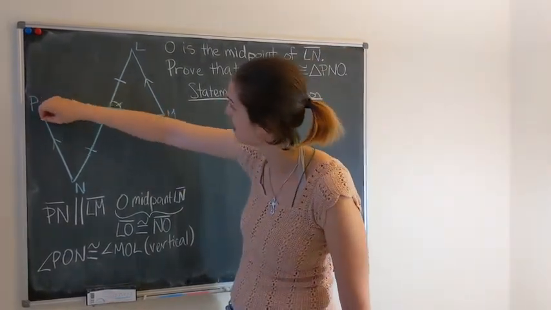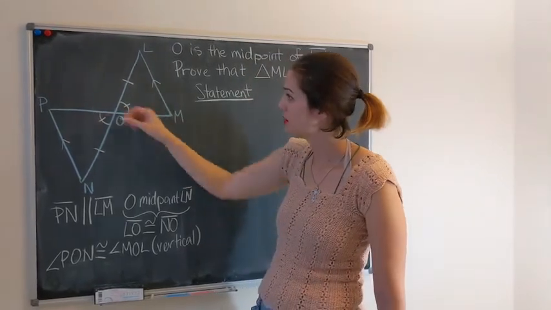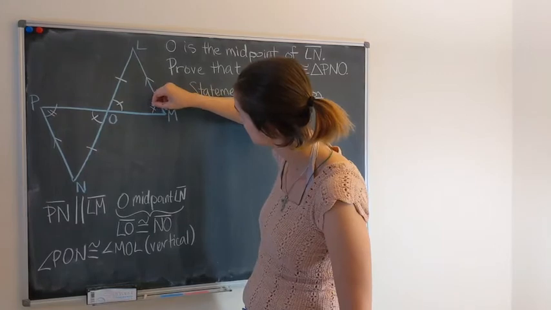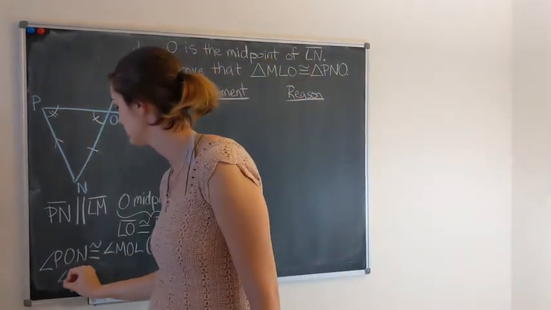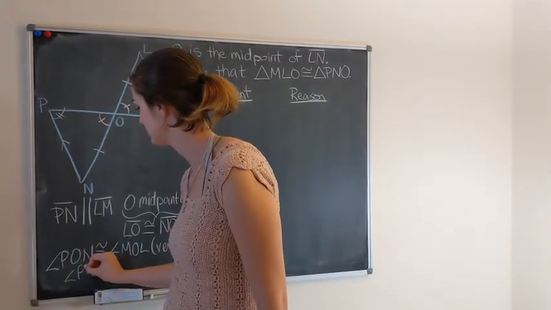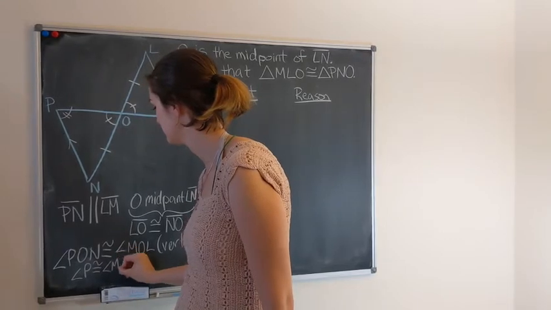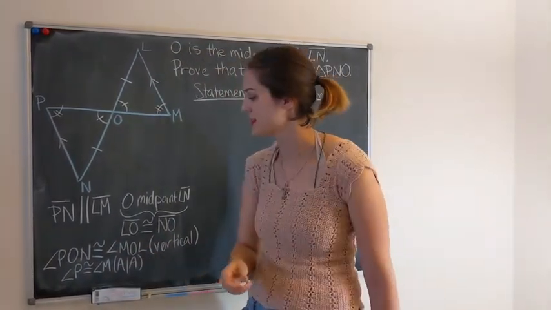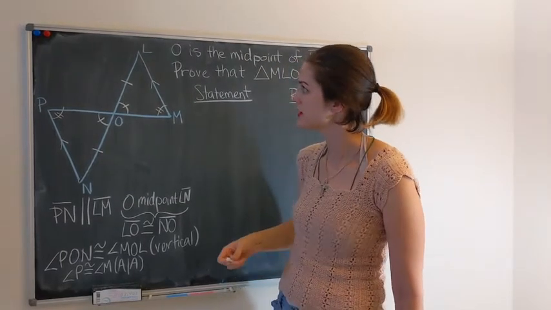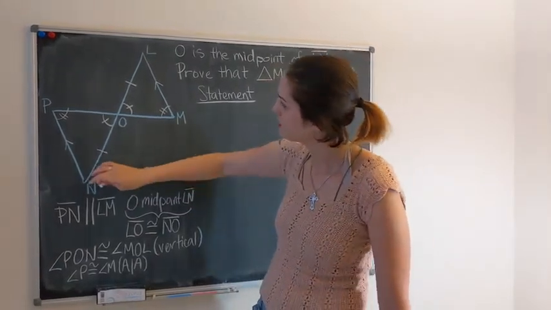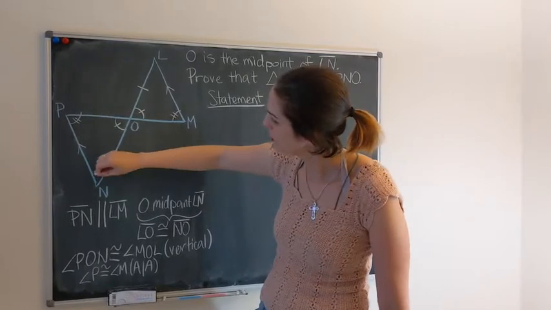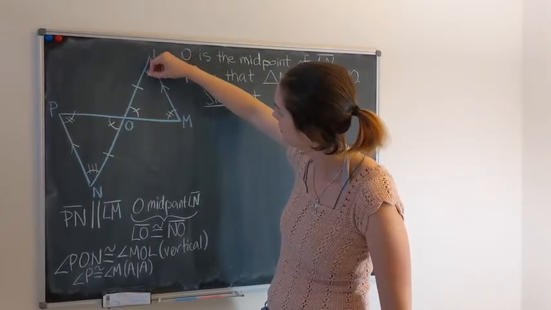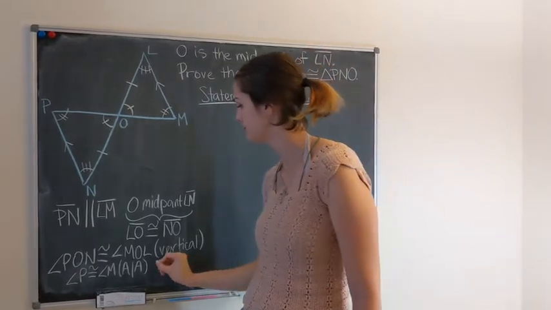We can see angle P and angle M. I'm going to write down a note to myself that that's because they are alternate interior angles. And using the other transversal, we can also see that N is congruent to L.